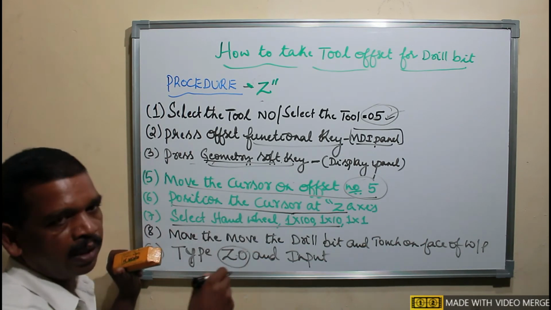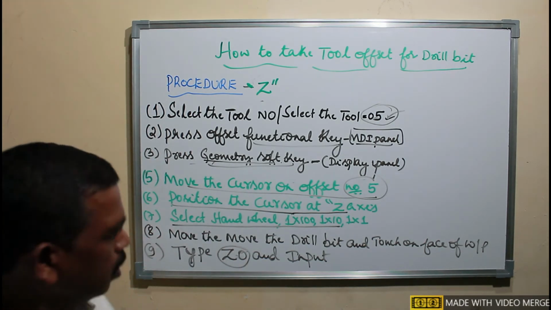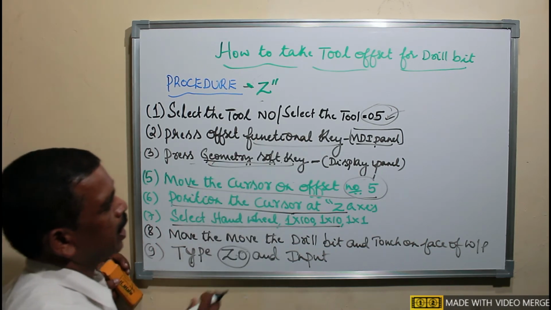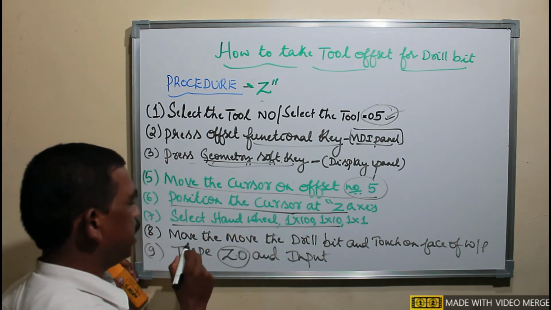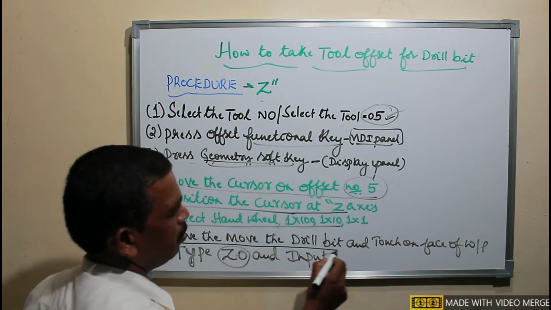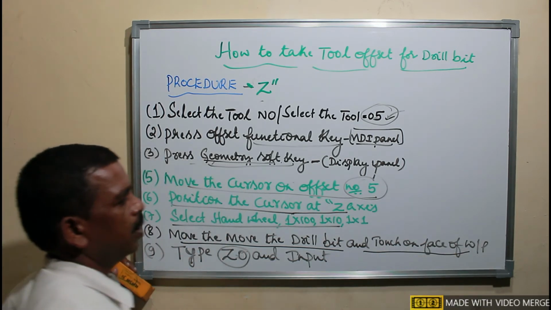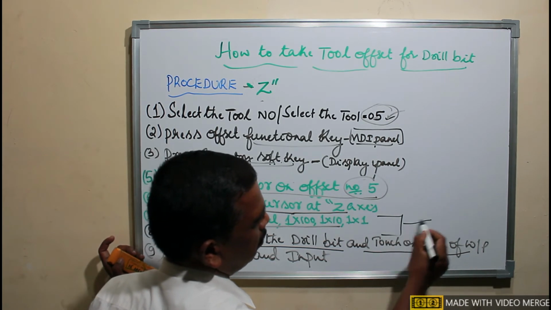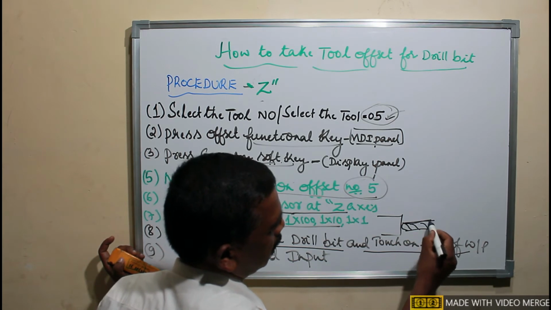This procedure is for moving the tool from the home position to the job, and then we have to move the drill bit and touch on the face of the workpiece. For knowing the gap between the workpiece and the drill bit, we can use some paper or feeler gauge also.